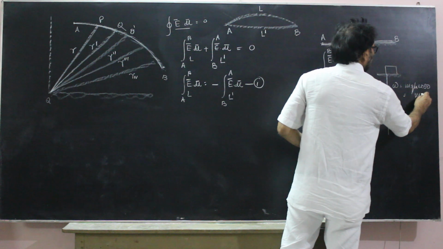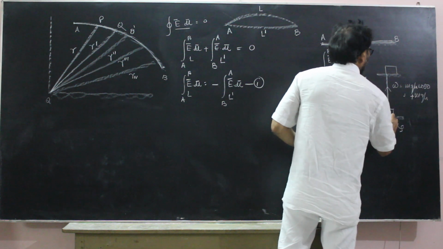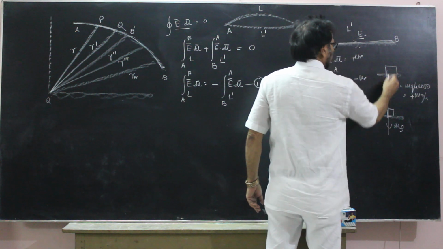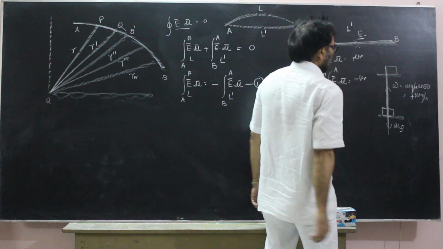So this is mgh. अप्लाइड फोर्स. ग्रेविटी का फोर्स नीचे है, डिस्प्लेसमेंट ऊपर है. फोर्स और डिस्प्लेसमेंट के बीच का एंगल 180.